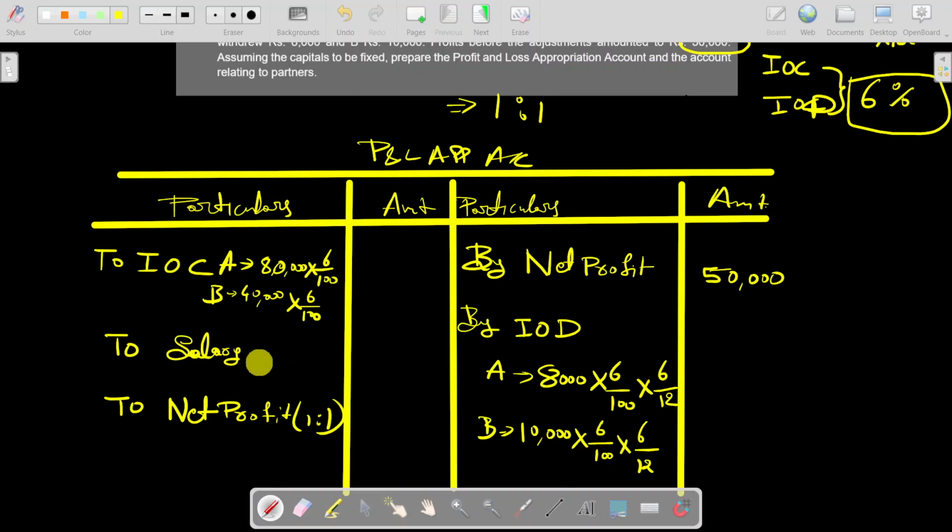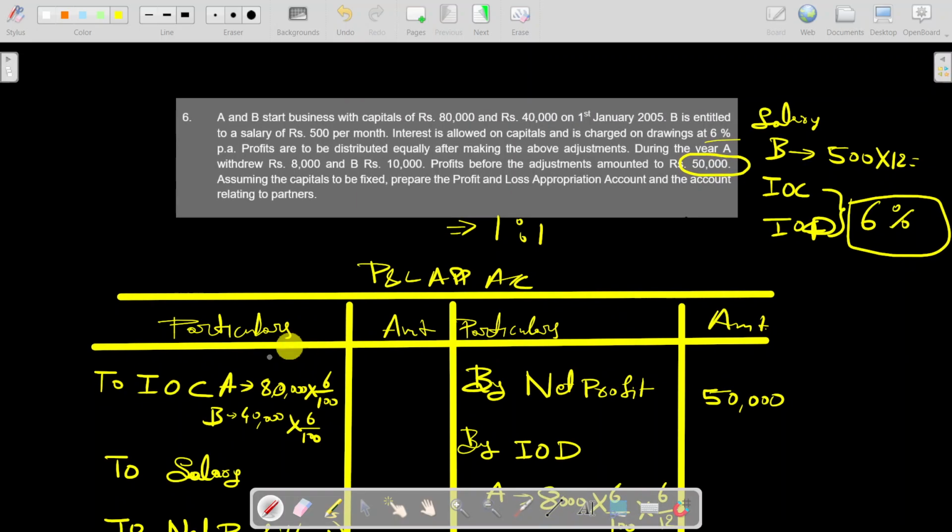And salary, who is taking salary? Here only one partner is taking salary. B is taking salary, 500 per month. So for 1 year we have to multiply with 12.